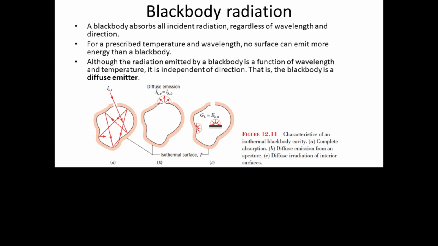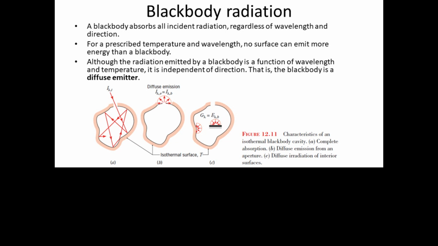Now, radiation is a very different thing. Not only are we going to have spheres and circles and those ideal geometries, but we are also going to have an idealization about the distribution of energy across wavelengths and across directions. And this is the black body radiation.